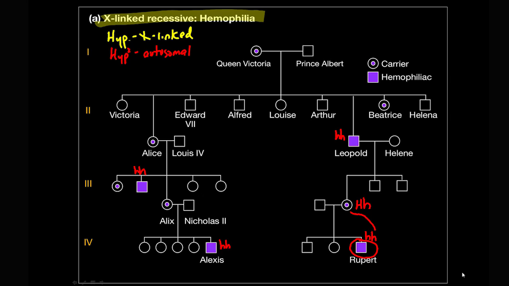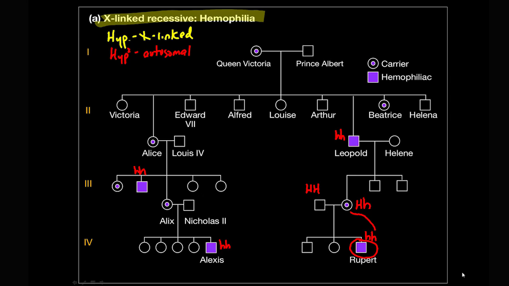He had to get one little h from his father, and what it comes down to is, could the father be a carrier? It's humanly possible, but if you're told that this is rare, you have to assume that people coming from outside the family are not carriers, are homozygous, unless there's any evidence to the contrary. And there is no evidence to the contrary here.